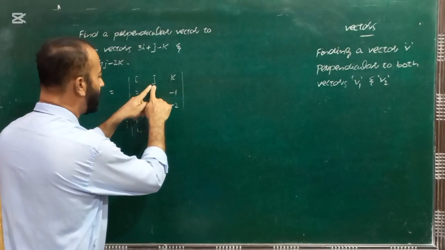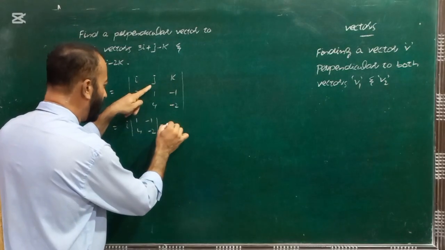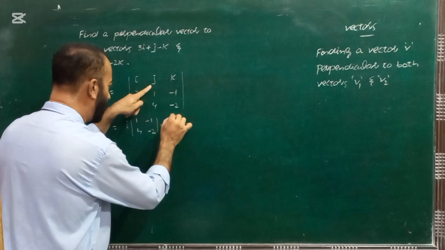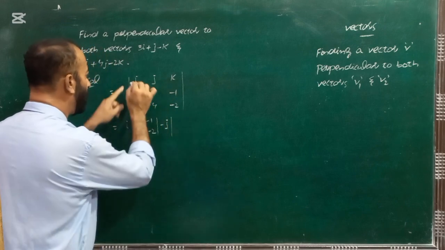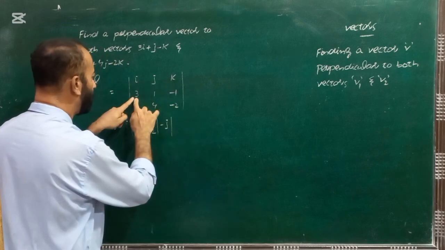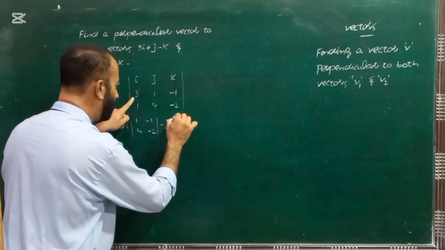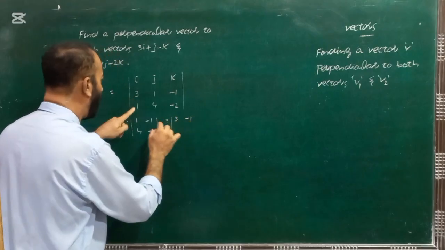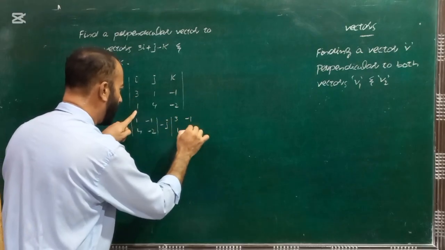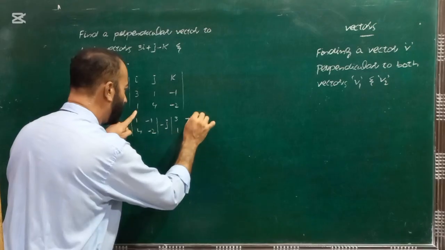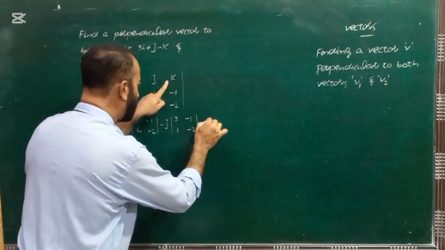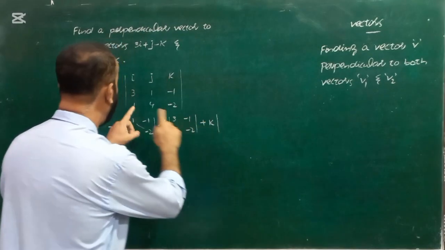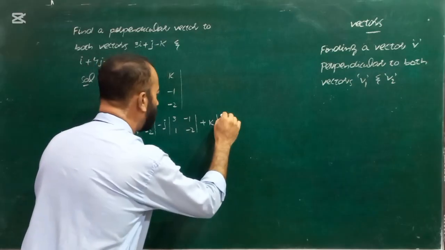When you go to the second element, you have to change the sign. So minus j. Now this column and this row will be left. So 3 minus 1 and 1 minus 2 will be in the determinant. And finally plus k: 3, 1, 1, 4.